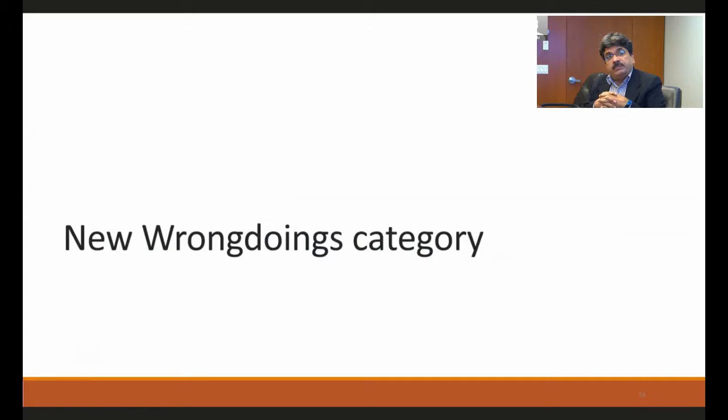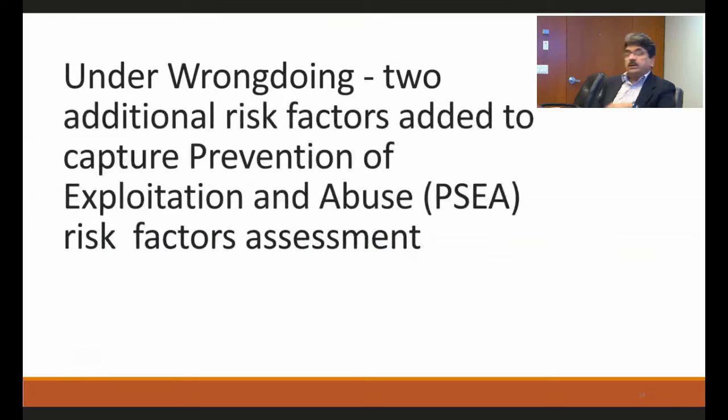Another change which we have made this time is that we have a new category called wrongdoing. In the past, we had two areas, strategic risk area and fraud risk area. Now we have added another category called wrongdoing. And with the wrongdoing category, we have also added two new risk factors.